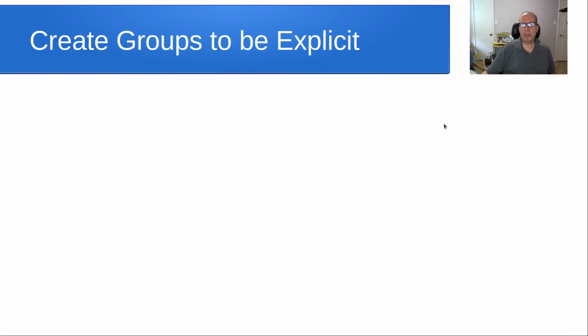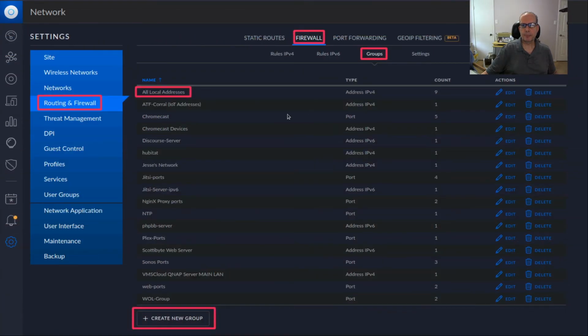So the next thing you should know is that UniFi allows you to create groups, and creating groups is a really good practice in order to be explicit about your routing rules and also to help your routing rules self-document. So groups make firewalls easier to read and manage. So here's a list of all the groups I have, and you see I have quite a few.